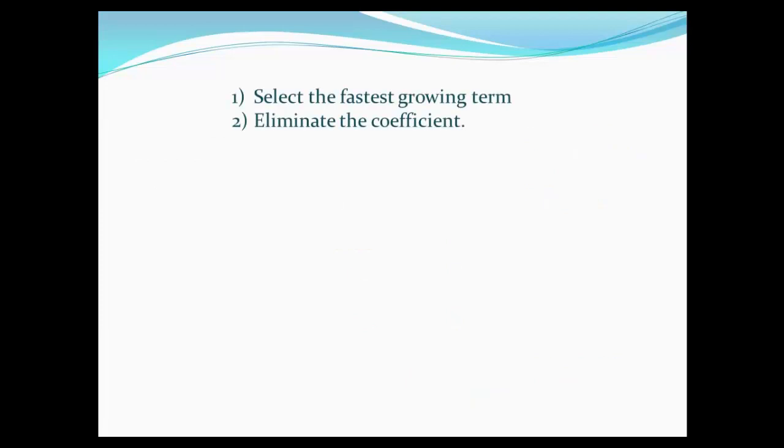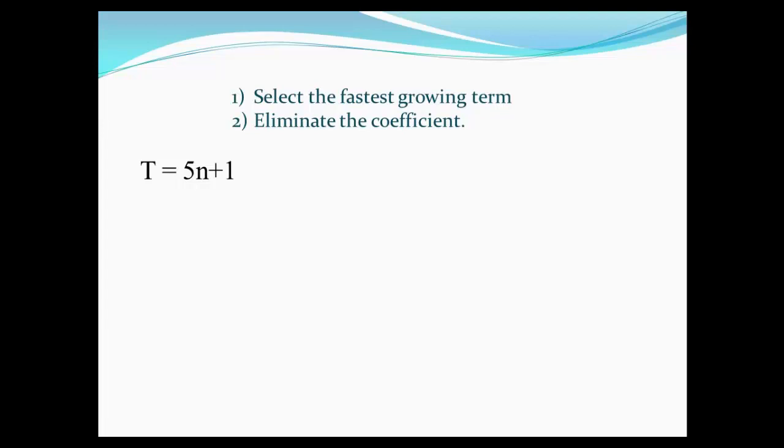Now the question can arise, how can we say that the time complexity of this code is O of 1? For easy calculation of time complexity, we can follow 2 rules. First one, select the fastest growing term, and second one, eliminate the coefficient. Let's take a look at this time equation. Suppose some program will take this time, t is equal to 5n plus 1. For finding the time complexity from this equation, first we have to select the fastest growing term.